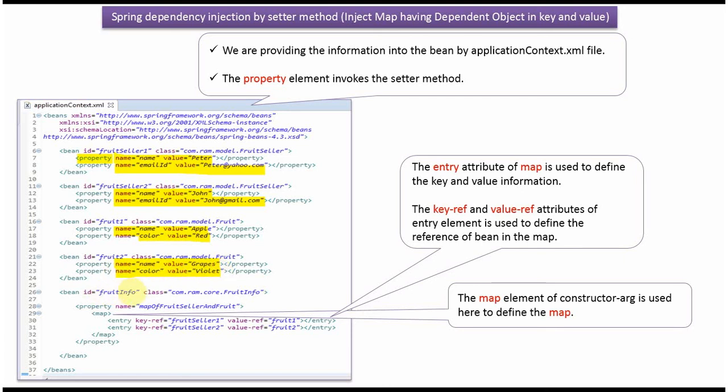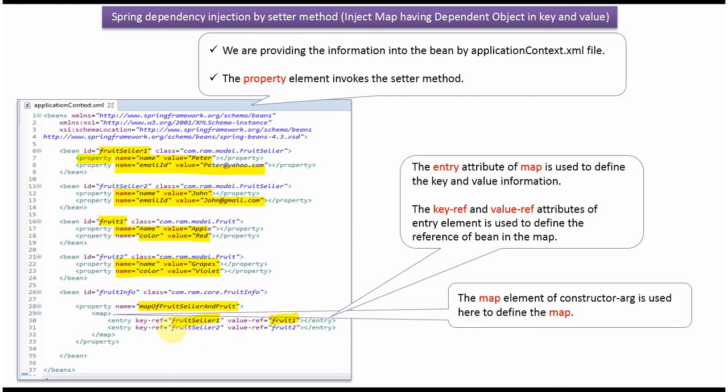The fruitInfo object has one property, which is a map of FruitSeller and Fruit, and this property will be set as a map, and the map contains two key value pairs. In the first key value pair, the key is fruitSeller1, which is this one, and the value is fruit1, which is this one.